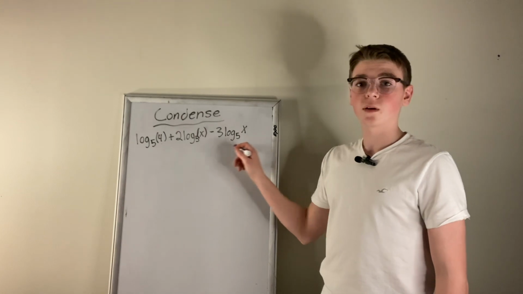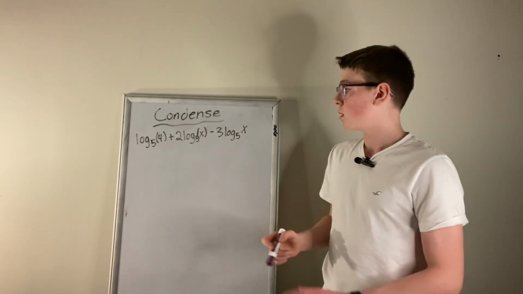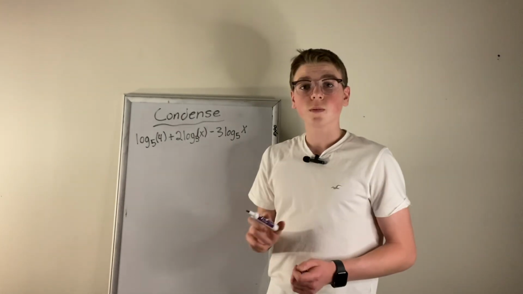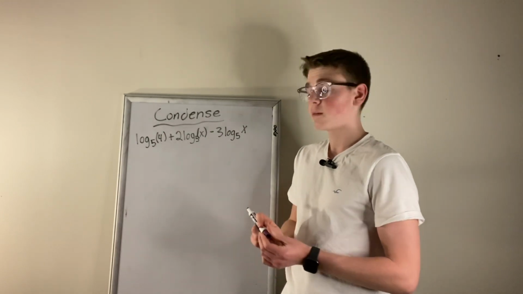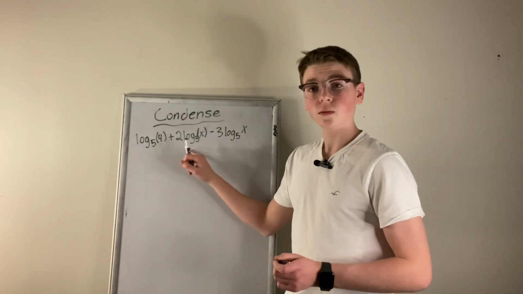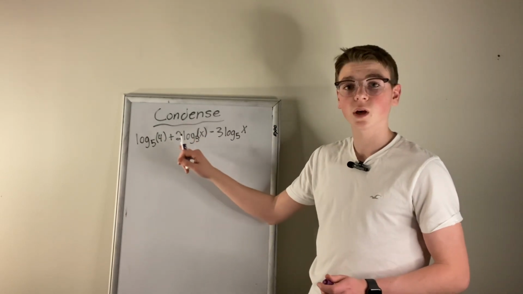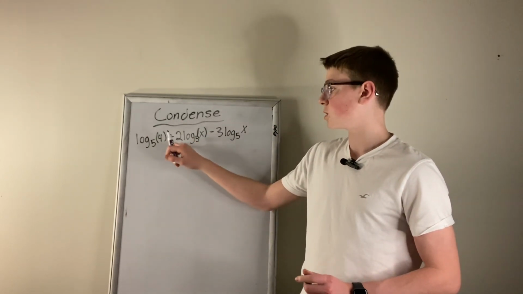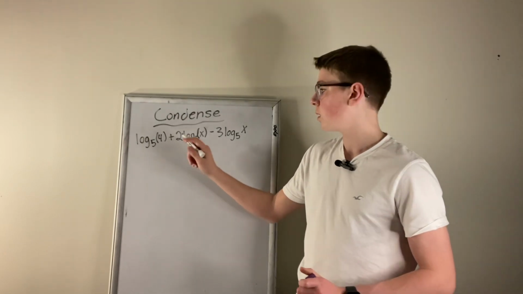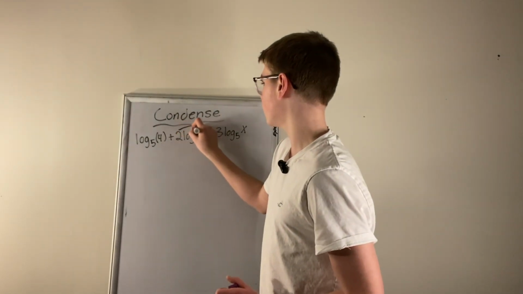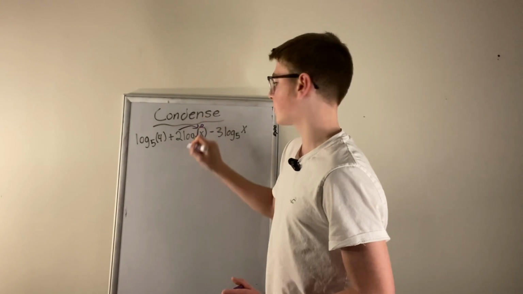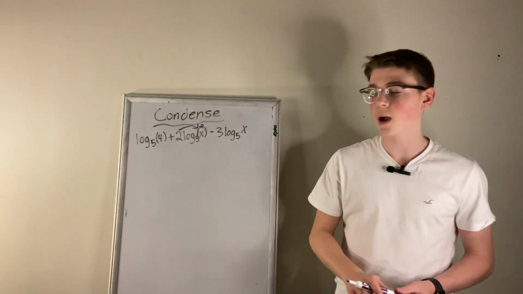Well, first we know there's a denominator here. So our multiplication property says that two logs with the same base are going to be multiplied by each other. But we can't just multiply this with the 2 out front. You're going to have to move this 2 back. The exponent is the inverse of the power property.